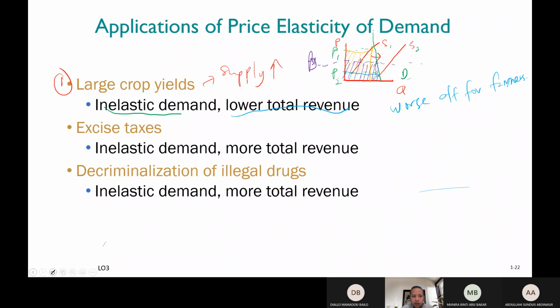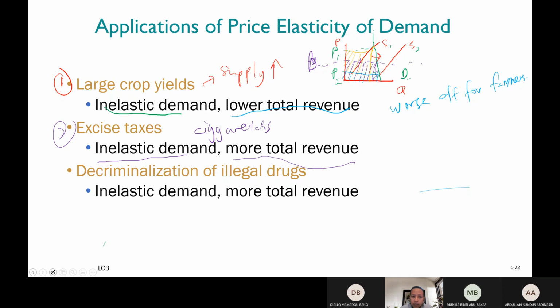There are also the effects, in the second situation, of tax on total revenue. Basically, the higher the tax, in the case of inelastic demand, the more total revenue can be collected. For example, the tax on cigarettes.